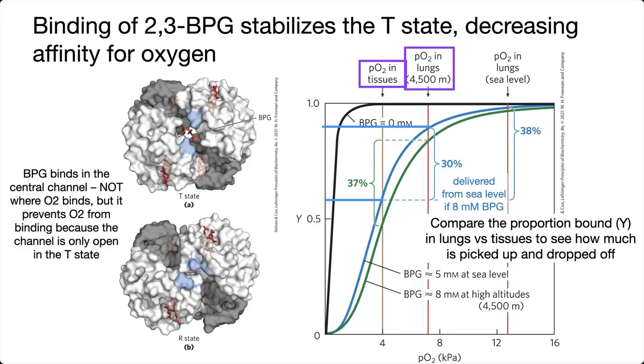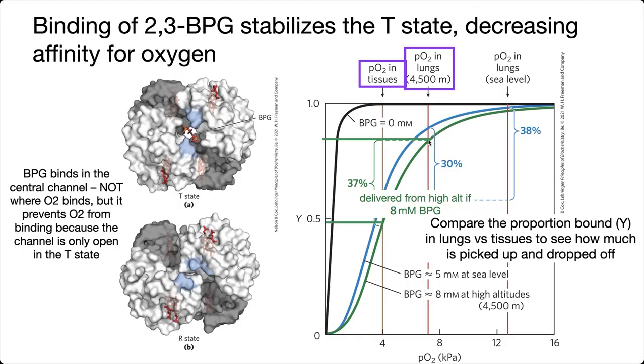Now let's think about what would happen if we increase the BPG concentration. Remember that increasing the BPG concentration is going to shift our curve to the right, meaning it's lowering the affinity. If we lower the affinity, we shift our curve to the right. Now this steeper part of the curve is going to come into the range of the tissues. And so we have a little bit lower affinity at the top, but then we're going to shift it more down here.